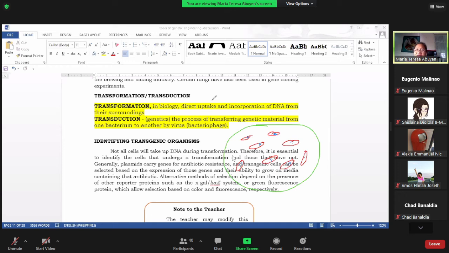Now, the scientist or technologist uses an antibiotic. Most often, the antibiotic used is ampicillin.